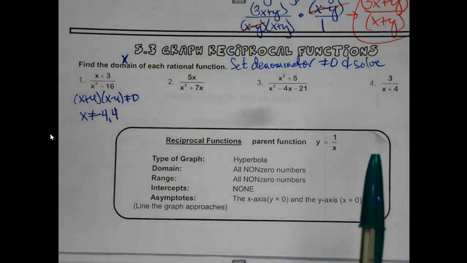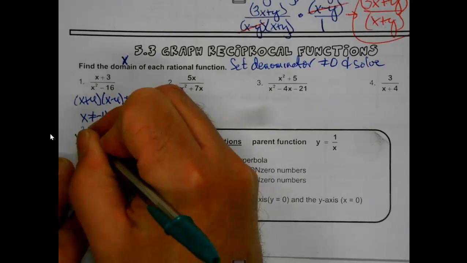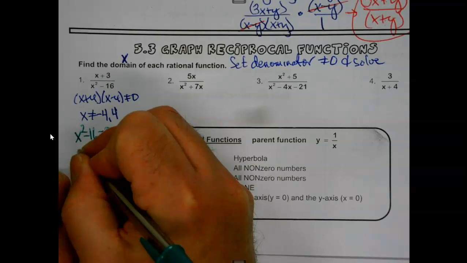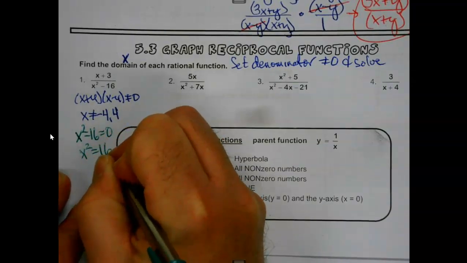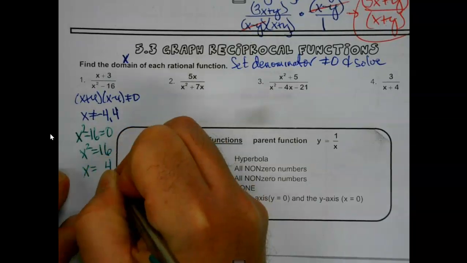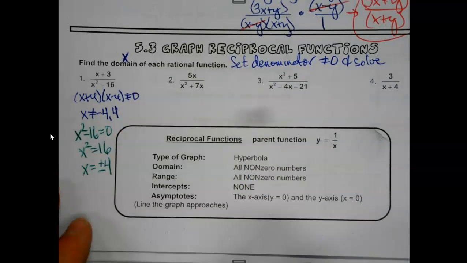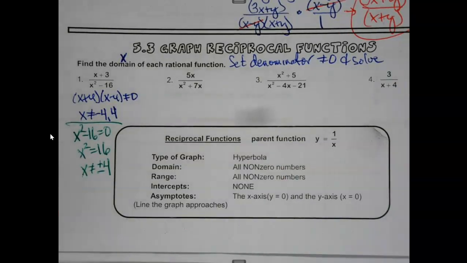Maybe you look at it a little bit differently and you go, well, what if I just did x squared minus 16 equals 0, add the 16, and then take the square root. Now, as long as you remember that squared means there's going to be 2 answers and that's going to be plus minus. Okay, 2 ways to do the same thing.